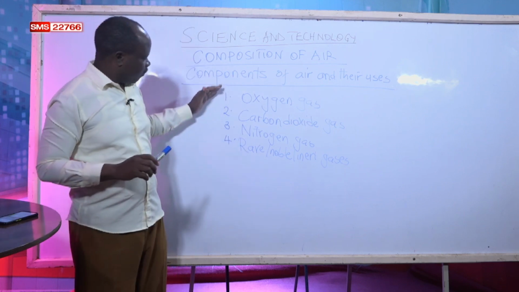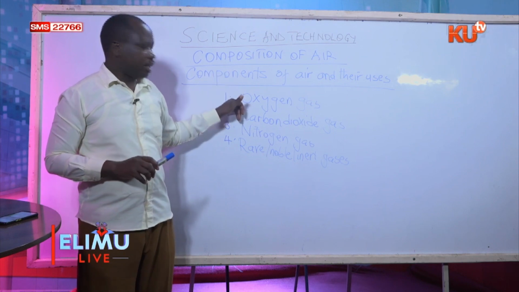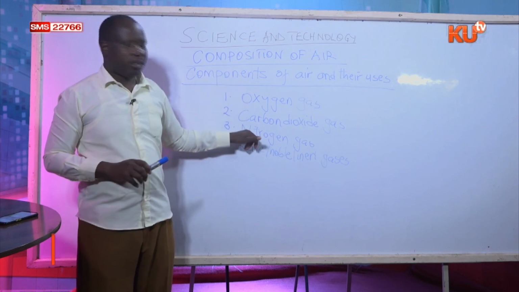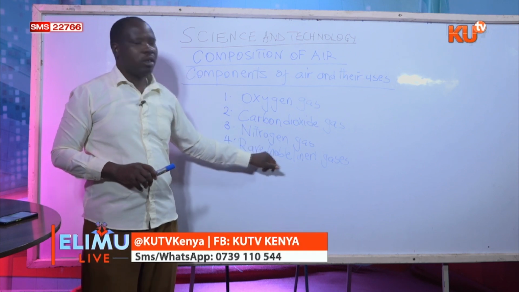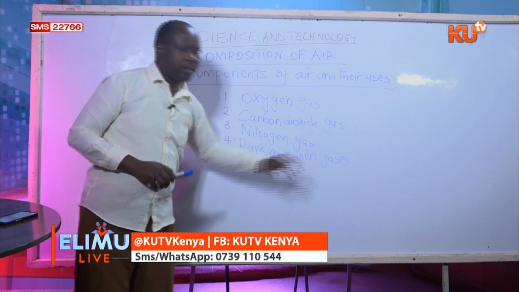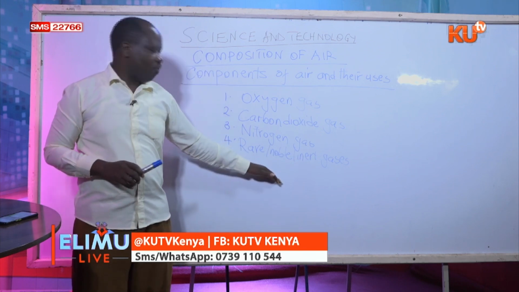So these are the first 4: oxygen gas, carbon dioxide gas, nitrogen gas, and rare, also called noble or inert gases. These 4 are the main components of air.